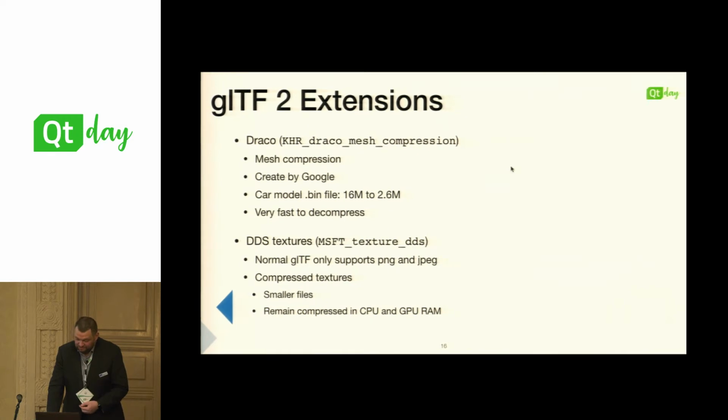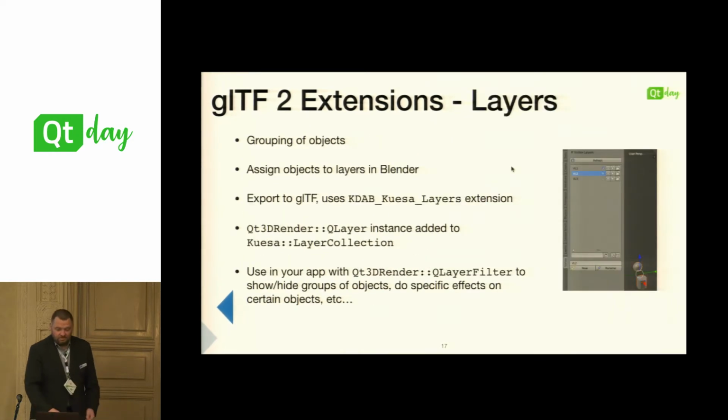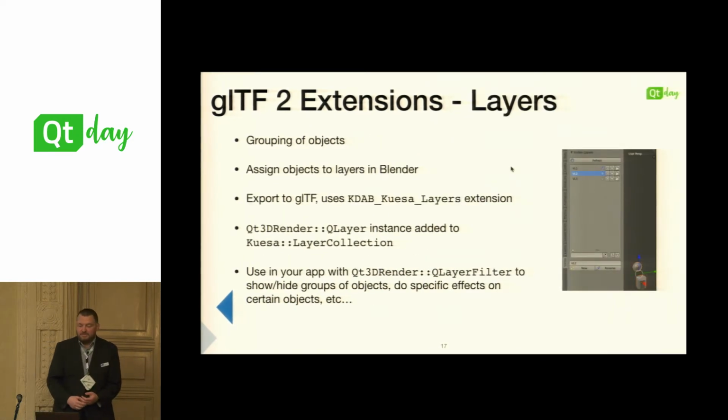There's also support for DDS files, which are compressed textures. I won't talk about that too much. We have our own extension that we added to GLTF: layers. So our plugin that we created for Blender and for 3ds Max has a way of assigning objects to different layers.